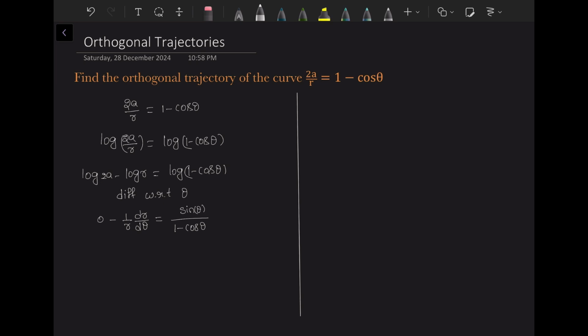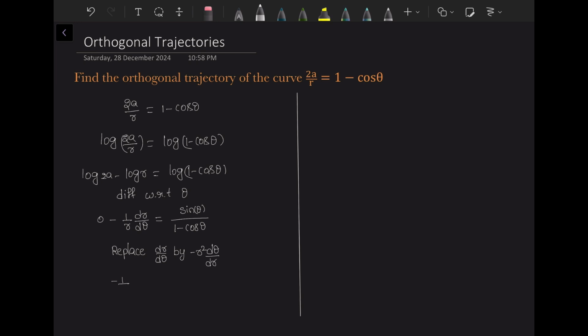Now this is a differential equation in terms of r and θ. Now I have to replace dr/dθ by -r² dθ/dr.